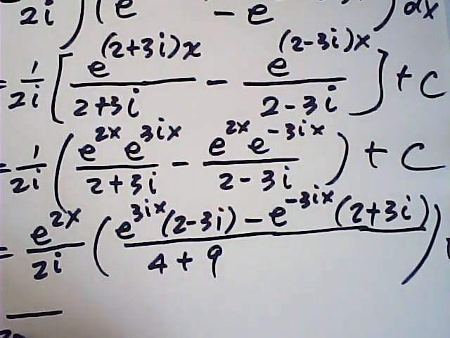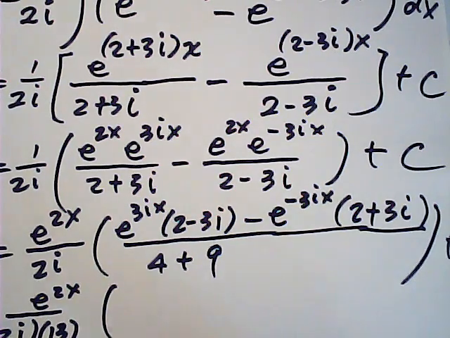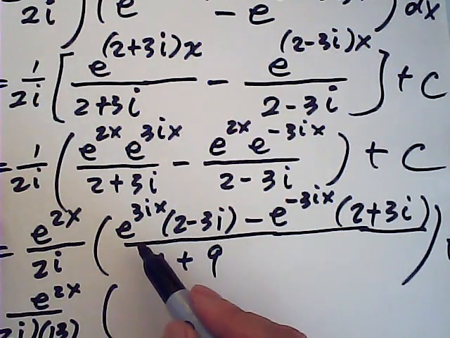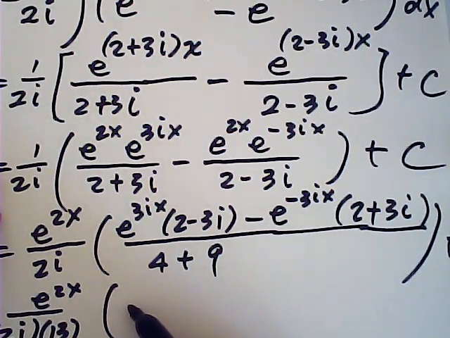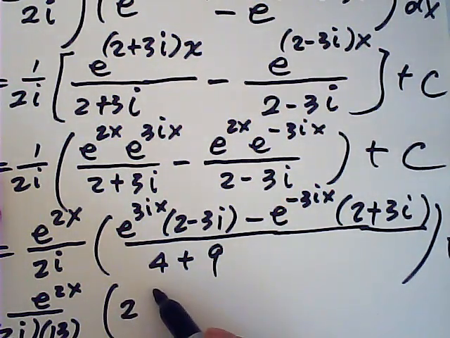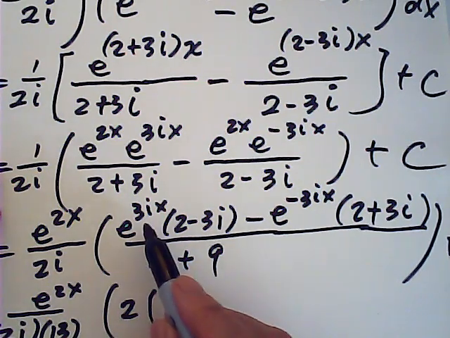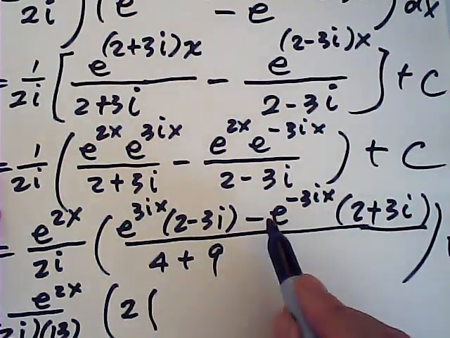This is 1 over 2i times 13 e to the 2x, now this will be 2, this is 2, right?